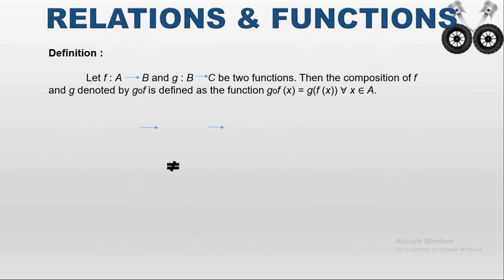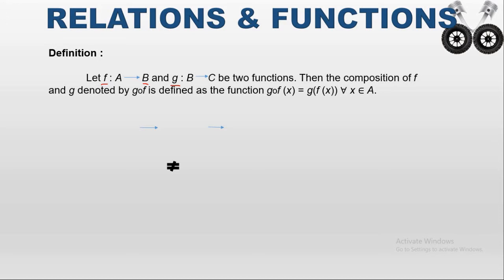Let f be a function from A to B and g be a function from B to C. So here we are considering two functions, one is the function f and another one is the function g. f is defined from A to B and g is defined from B to C. In function f, the action is completed at the set B, and in function g, the action is started at the set B. Only these two functions are said to be a composition of functions. That means they are in a chain reaction.